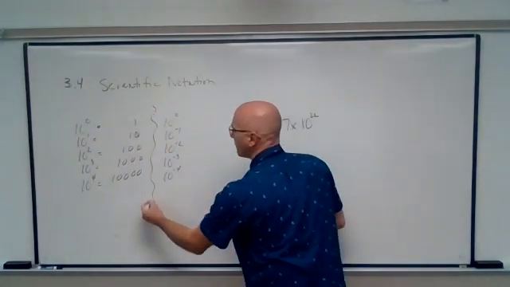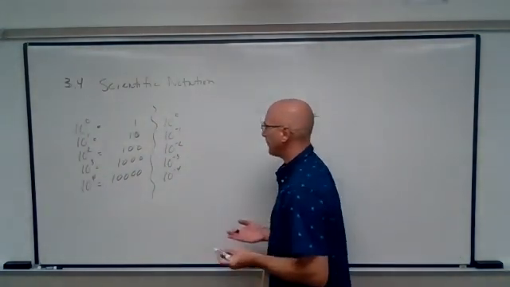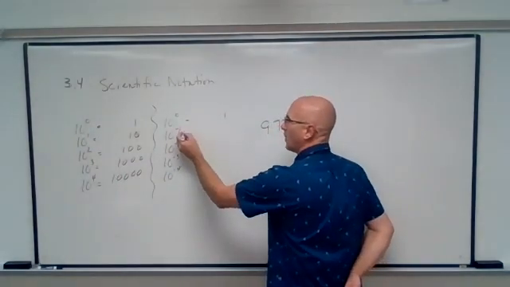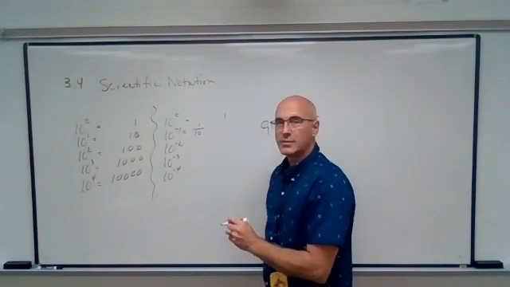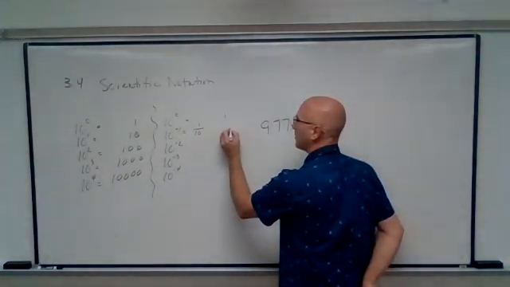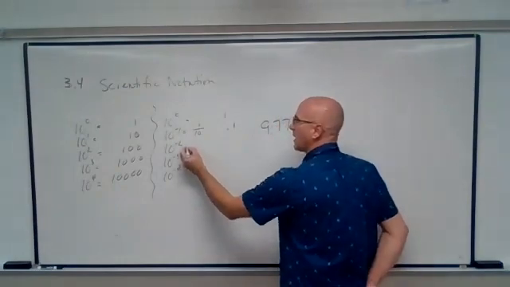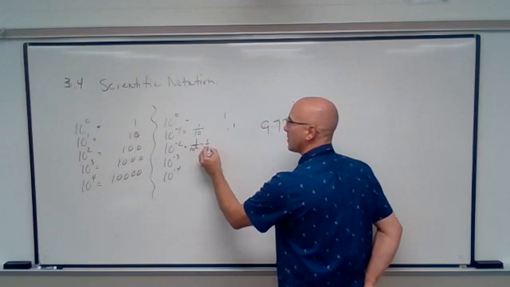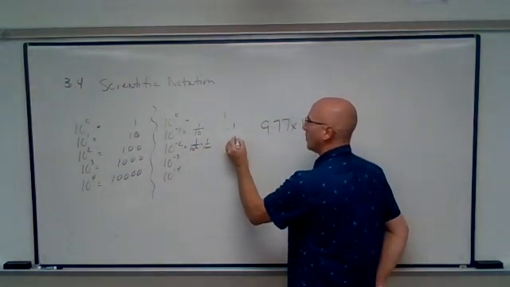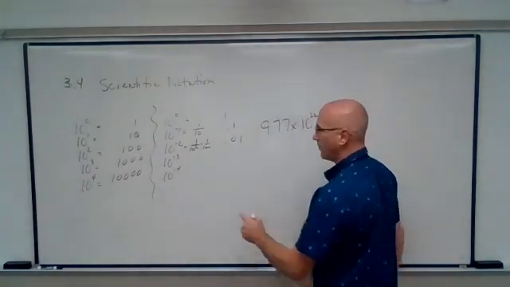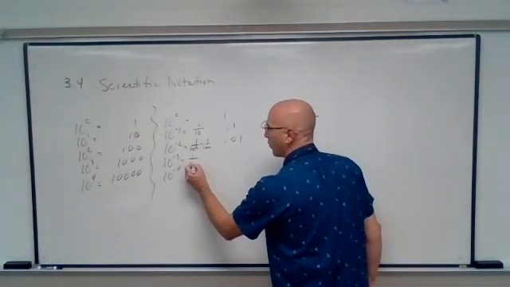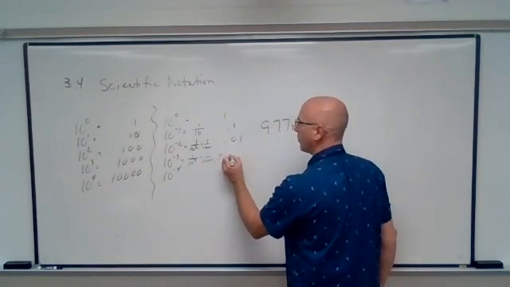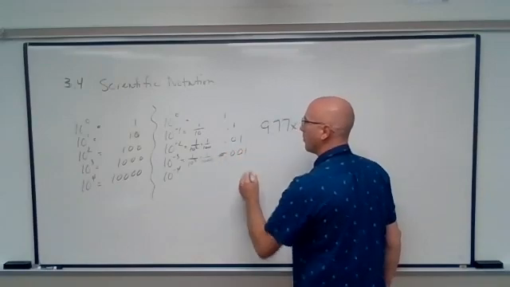Now, let's review some negative powers of 10. 10 to the 0 power, once again, is 1. 10 to the negative 1 power, that's the same as 1/10. And we can write that as a decimal 0.1. 10 to the negative 2 power is 1/10 squared, which is the same as 1/100, which can be written as 0.01. 10 to the negative third is 1/10 to the third, which is 1/1000, which can be written as 0.001.